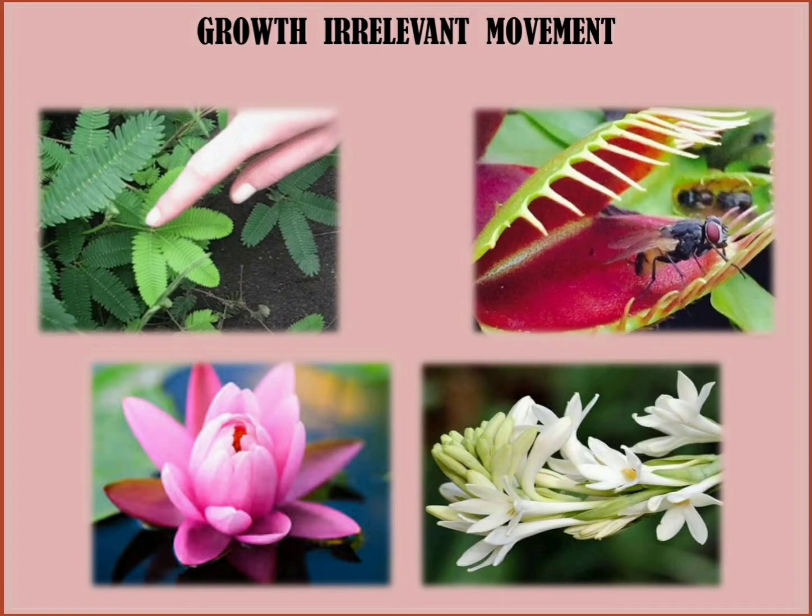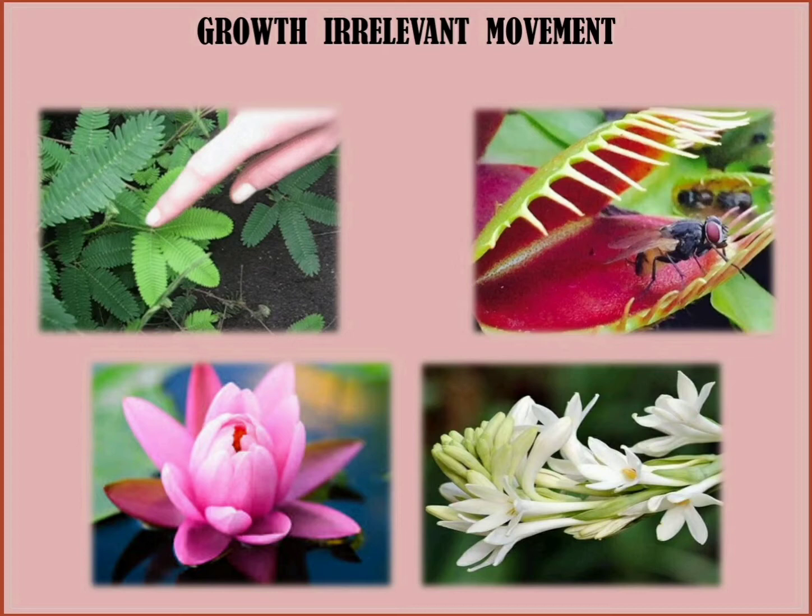They do not help in the growth of the plants, but it is a movement which is shown by the plants. If you have a look at this particular slide, the first picture that you see is of a touch me not plant. The scientific name of that plant is Mimosa pudica.